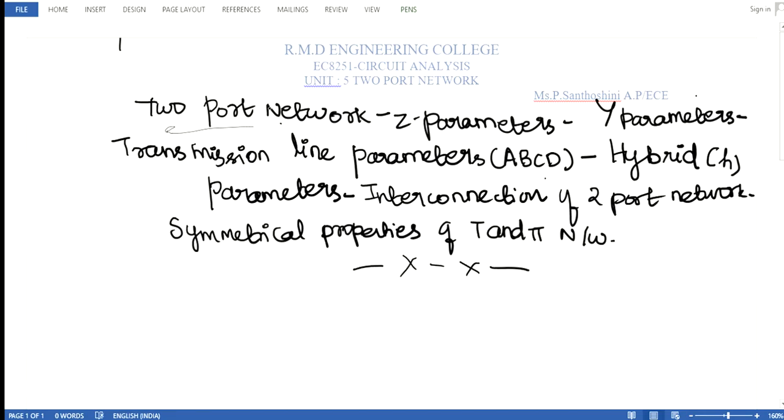The first topic will be two-port network. So continue. Two-port network. So just wait. I'll clear that.